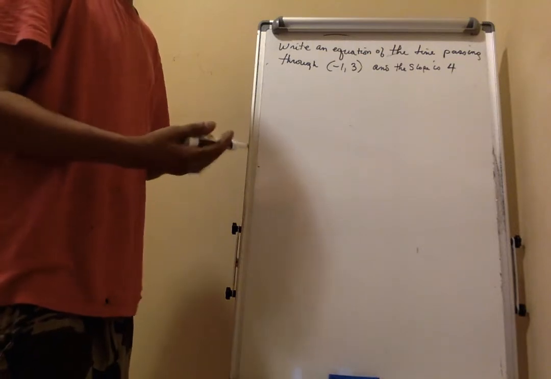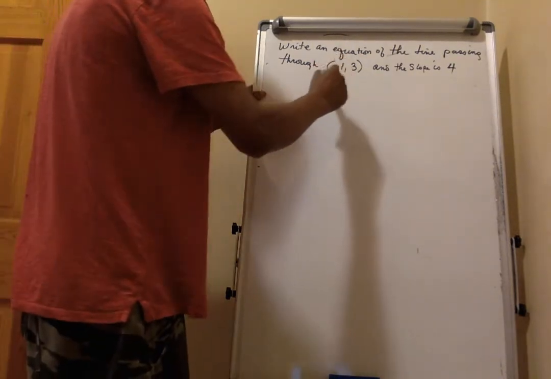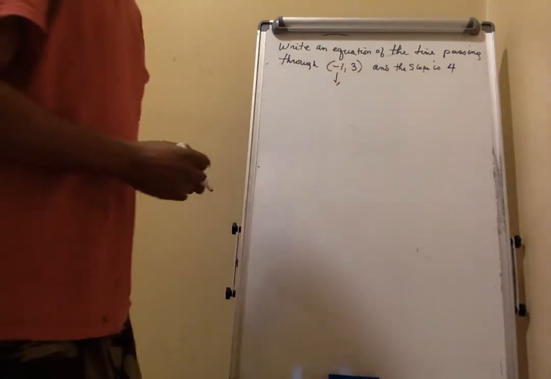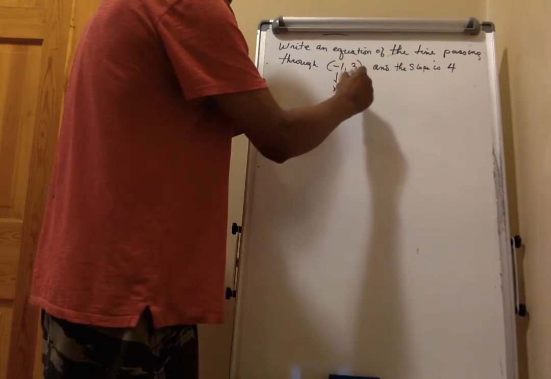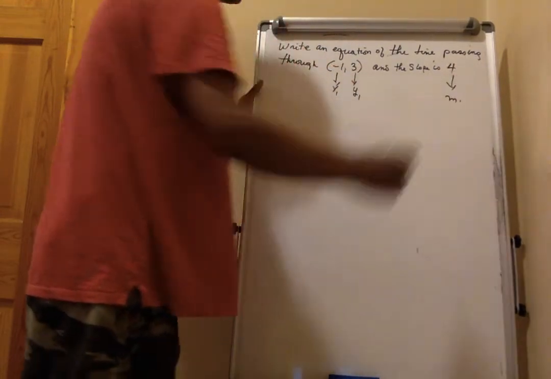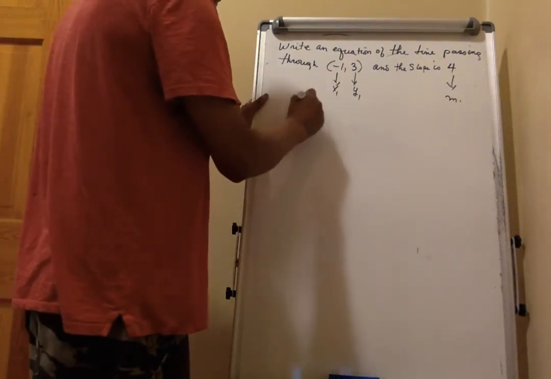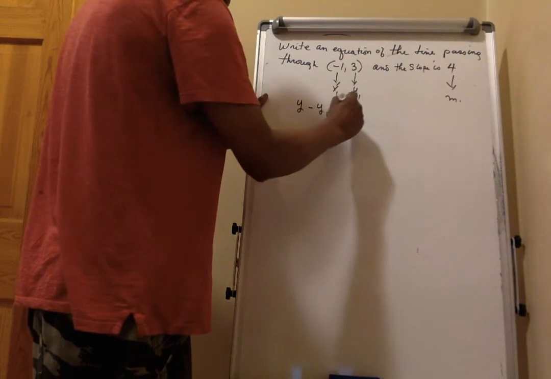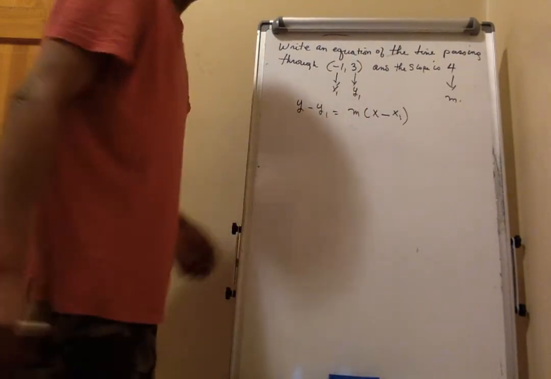There are other equations that you can also look into. Because it passes through -1 and 3, we can label x1, y1, and then the slope is m. Okay, so once we label it, then we say y minus y1 is equal to m times x minus x1. Okay, apply this.